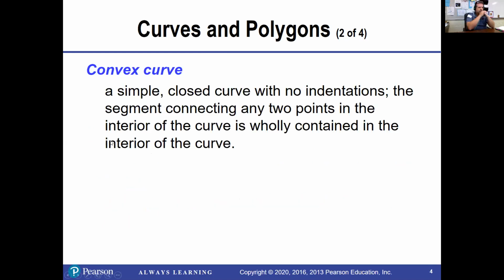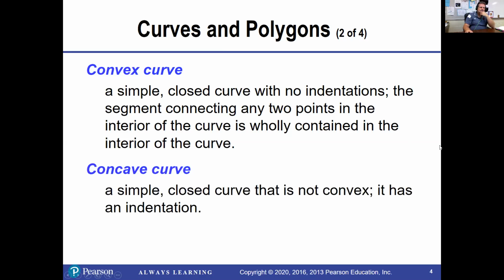A convex curve is a simple closed curve with no indentations. The segment connecting two points in the interior of the curve is wholly contained in the interior of the curve. And then you have the difference of that, which is a concave curve: a simple closed curve that is not convex, it has an indentation.